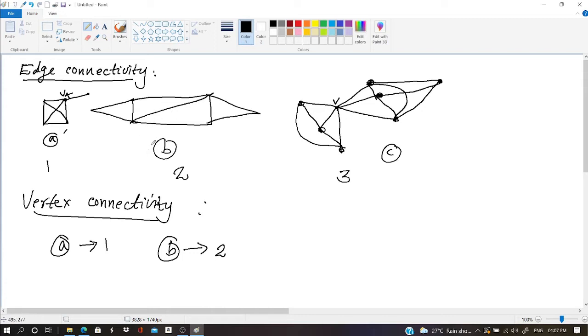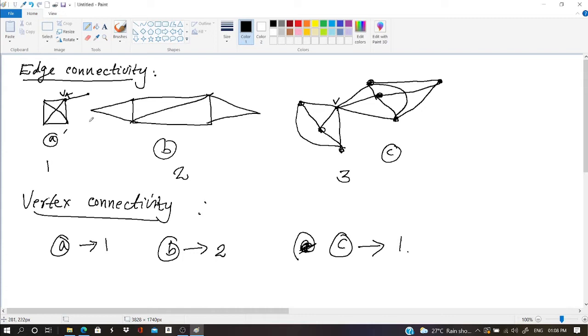So we have to remove at least 2 vertices in order for this graph to be disconnected. Similarly, if we remove the vertex V from the third graph, that graph becomes disconnected. So in the case of the third graph, that means the graph C, the vertex connectivity is 1. So this is the definition of edge connectivity and vertex connectivity.